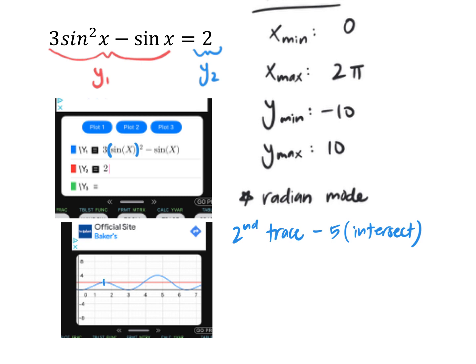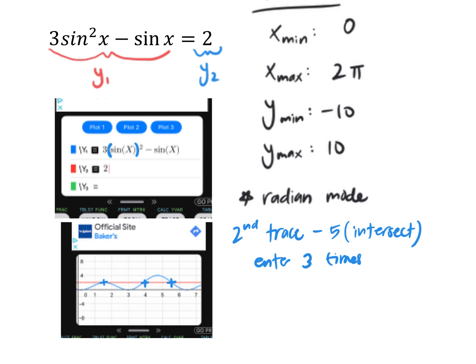If I move it to this point right there and hit enter 3 times, it should give you the intersection values for that point. Then you do it all over again, second trace, go to the second intersection, enter 3 times, and then go to the third intersection and hit enter 3 times.